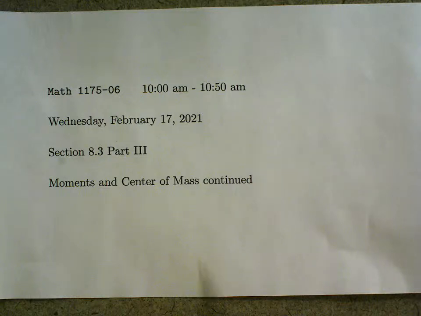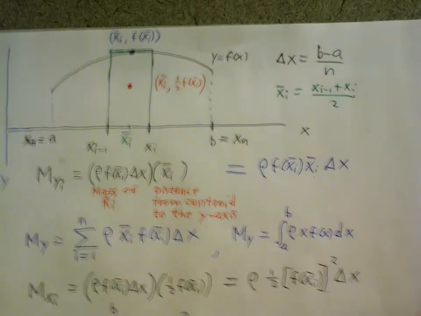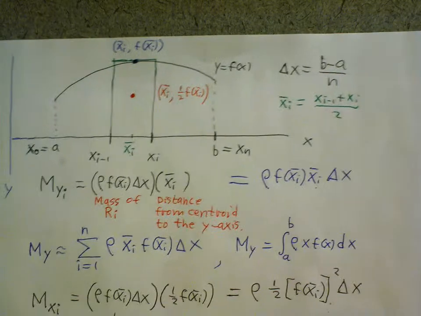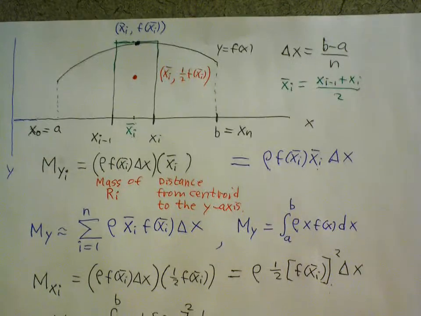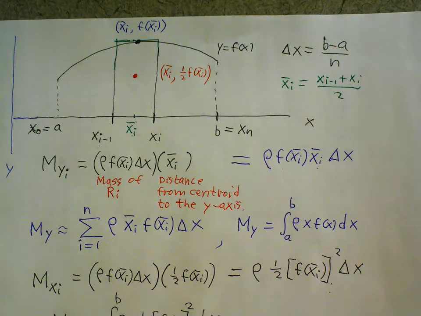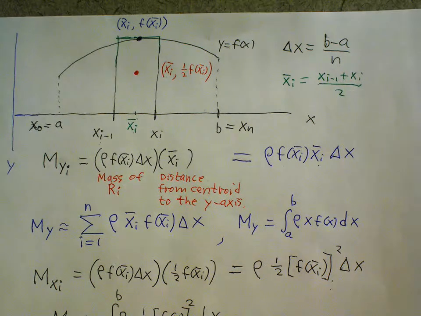Today we'll continue in section 8.3 on moments and center of mass, or centers of mass. Yesterday we were just about finished with the formulas for the center of gravity, or the center of mass, or the centroid.